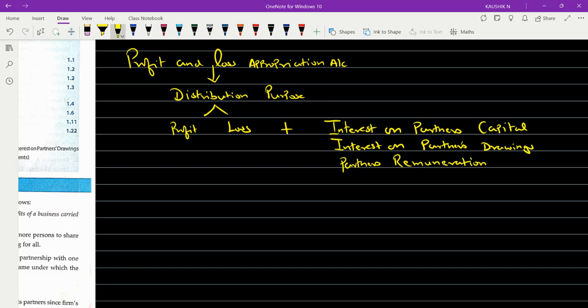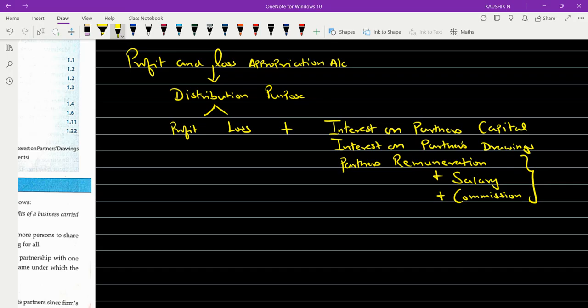Remember, there are only two remunerations which a partner can receive from the business. Number one, salary; number two, commission. So partners' remuneration includes only these two items. It is not that all partners will be eligible for both salary and commission. Mostly any one of these two will be eligible.